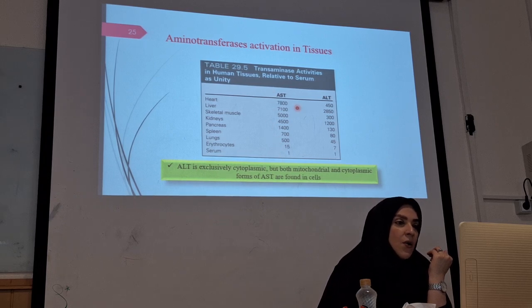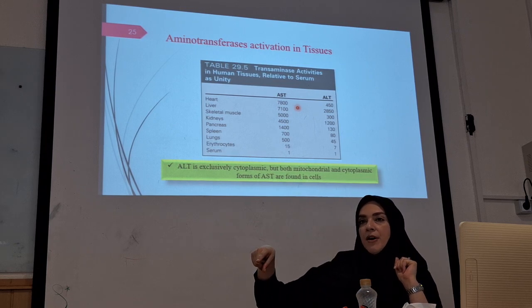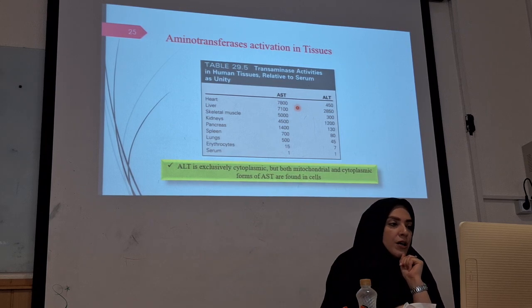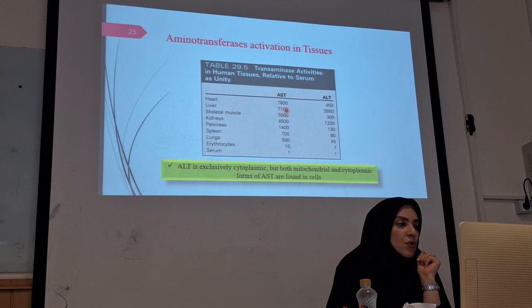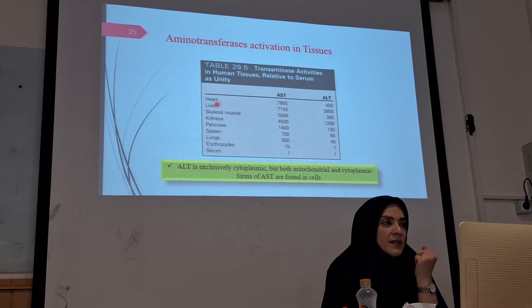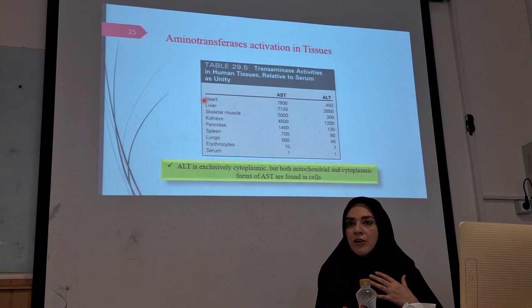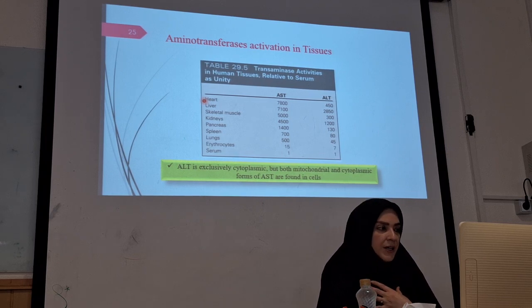Heart. So if you remember from the chart that showed some markers of MI, one of them was AST. Because the heart has a high concentration of this enzyme, it can be considered an evaluation of the function of the heart, an evaluation of the occurrence of MI.